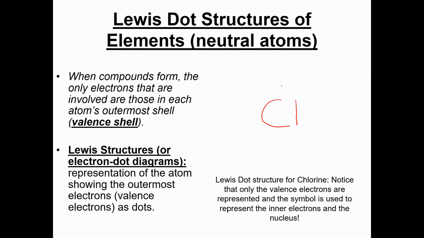So we're going to go ahead and place our electrons. 1, 2, 3, 4, 5, 6, 7. I started at the top, went around clockwise, then came back to pair clockwise until I was done placing. And this is my Lewis dot diagram for chlorine, 7 valence electrons.